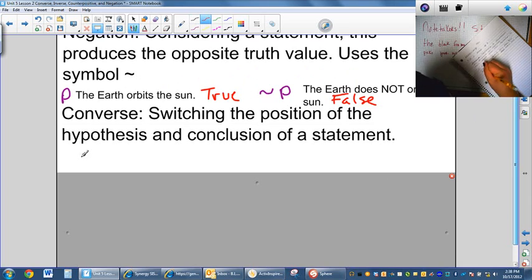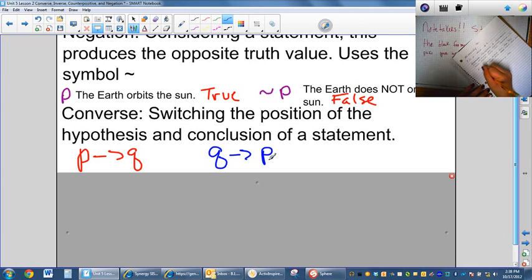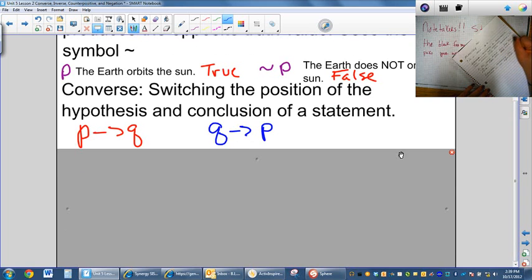So our original statement was if P, then Q. So the converse here in blue is going to be if Q, then P. That's the converse. Again, you're writing, I'm not getting this on the page, so it's the next one.